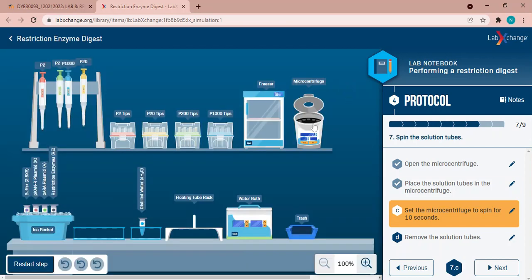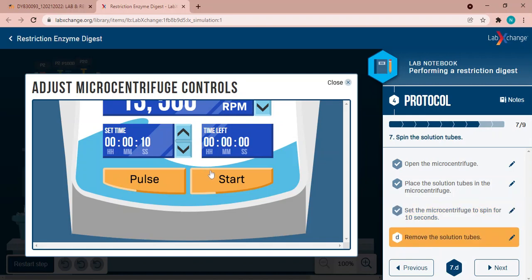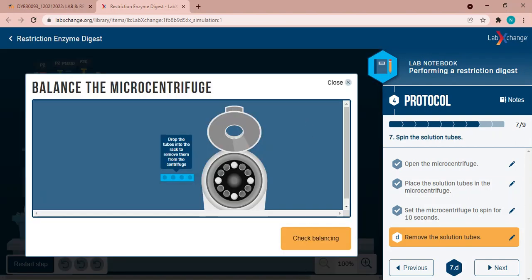Okay, close. Set the microcentrifuge to spin for 10 seconds. Okay, start. Then remove the solution tubes. Drop the tubes into the rack to remove them from the centrifuge.